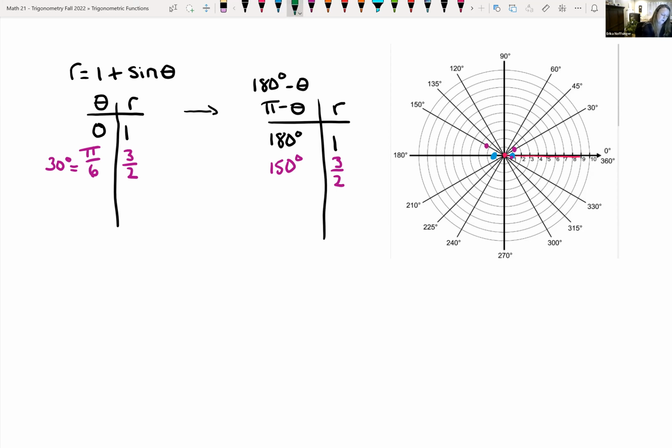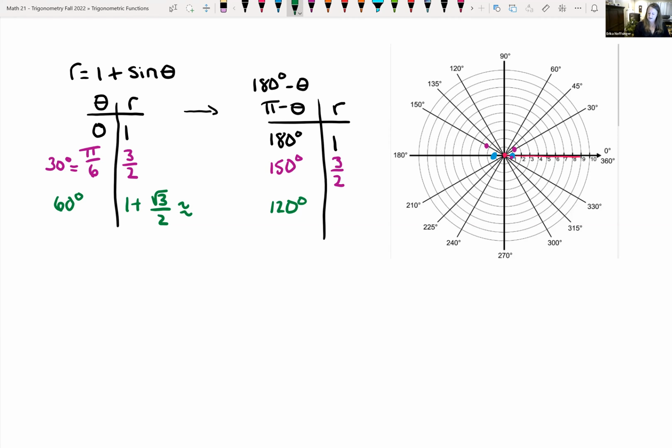So let's plot another point, let's say 60 degrees. At 60 degrees, sine of 60 degrees is √3/2. So let's approximate that. And then let's also do 180 minus 60 degrees, which is 120 degrees. And so √3/2 is approximately 0.9.